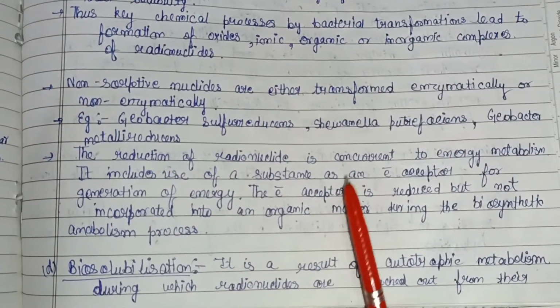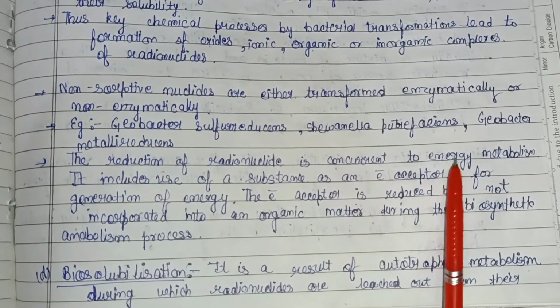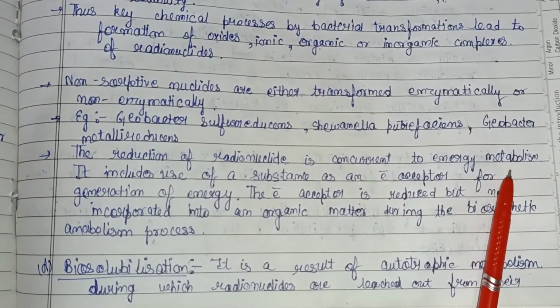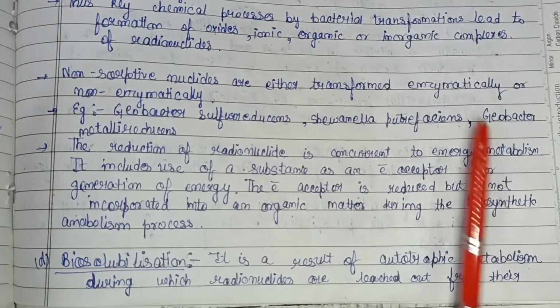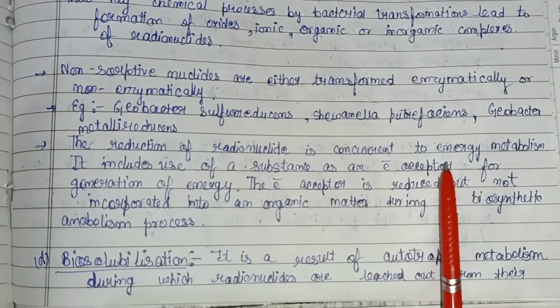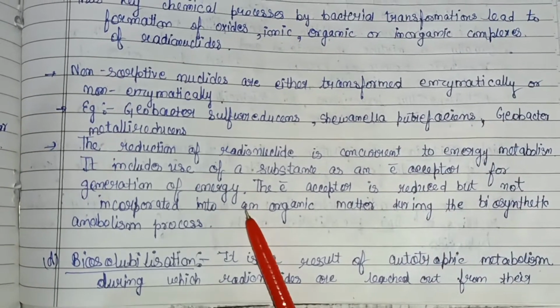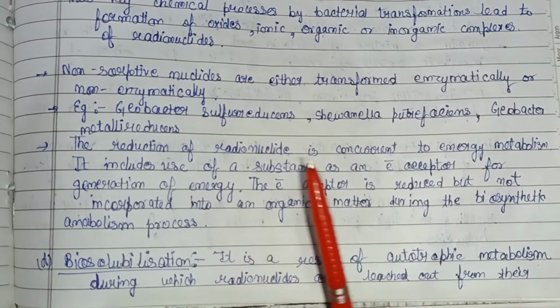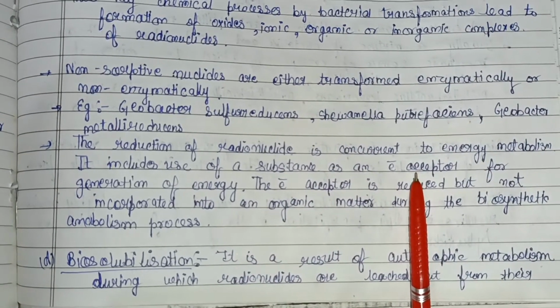The reduction of the radionuclide is concurrent with the energy metabolism of that particular bacterium. It includes the use of a substance as an electron acceptor for the generation of energy, because energy generation is required in this process, so we need an electron acceptor.